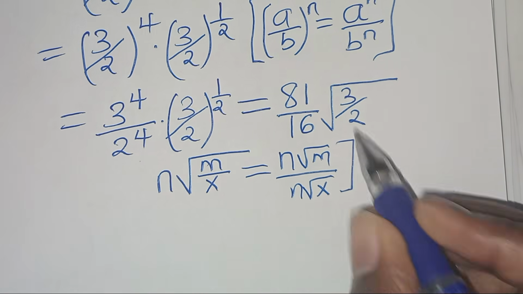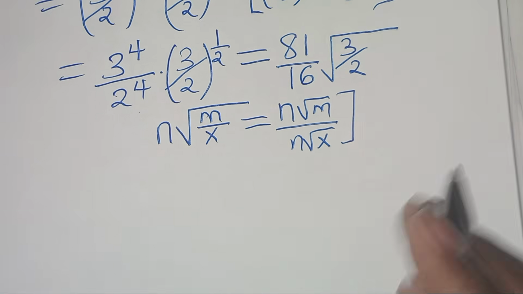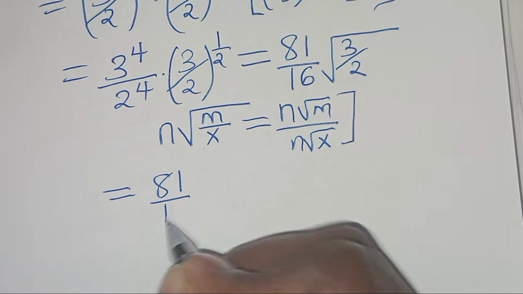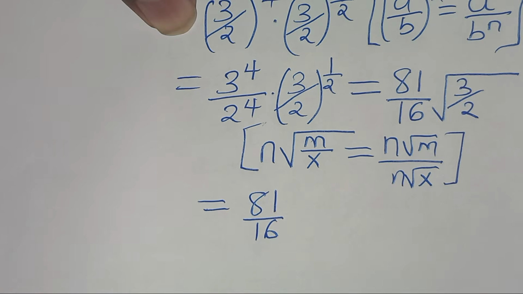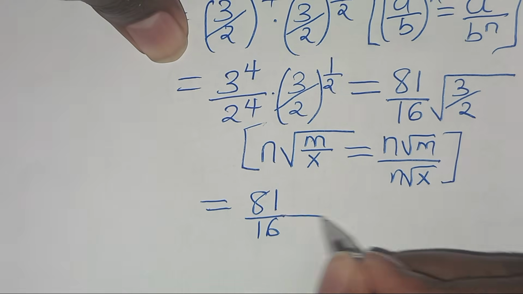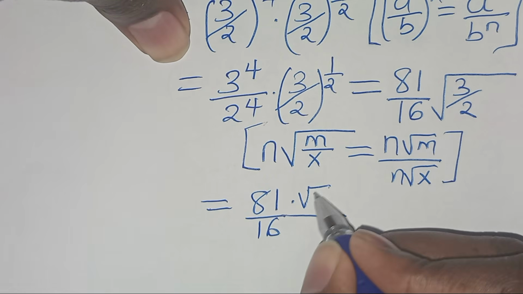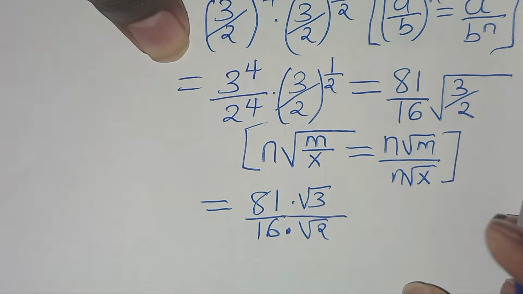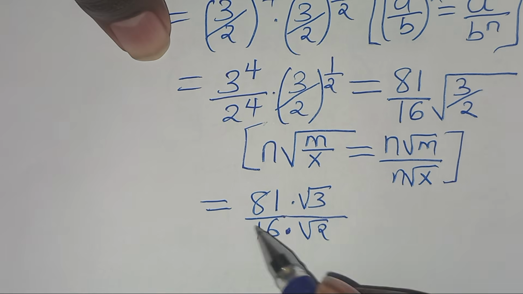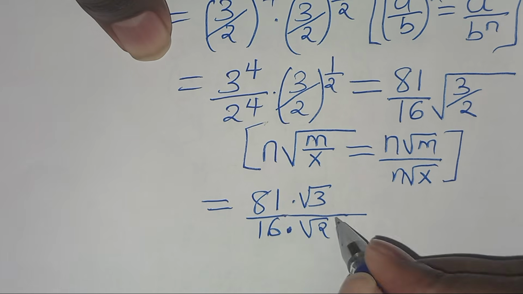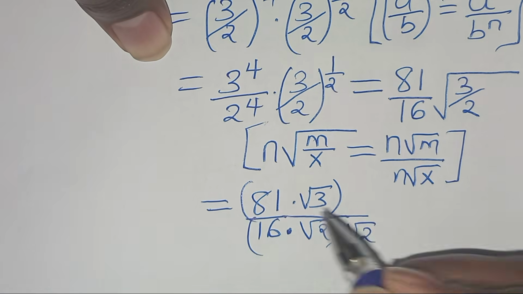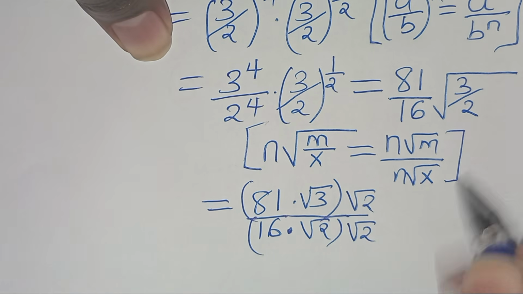Applying this identity, we have 81 over 16 multiplied by square root of 3, and in the denominator multiplied by square root of 2. The next step is to rationalize the denominator by multiplying by square root of 2, and we multiply the numerator by square root of 2.